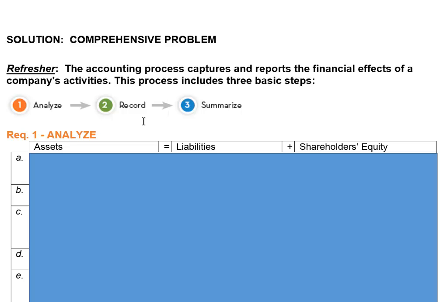The accounting process involves the analysis, which is our requirement 1 of financial transactions, the recording, which is where we'll make the journal entries using the debit credit framework, and then the summarizing of those transactions, which involves posting to the T accounts to update those account balances.